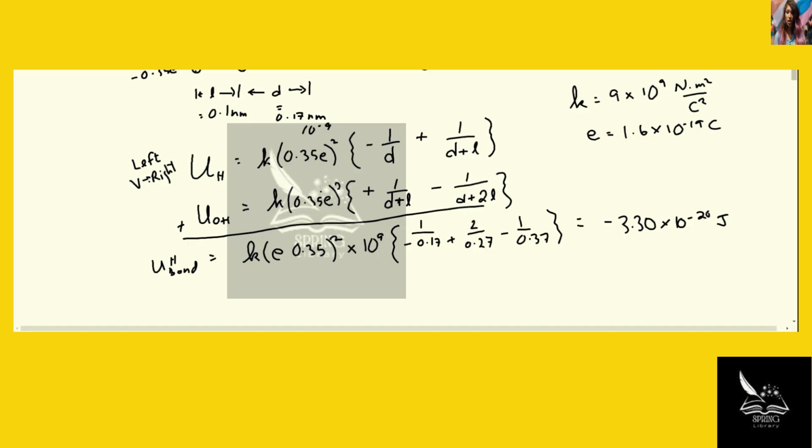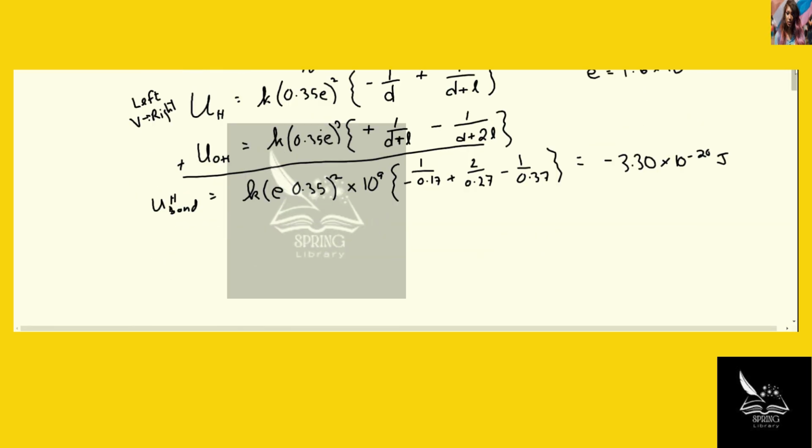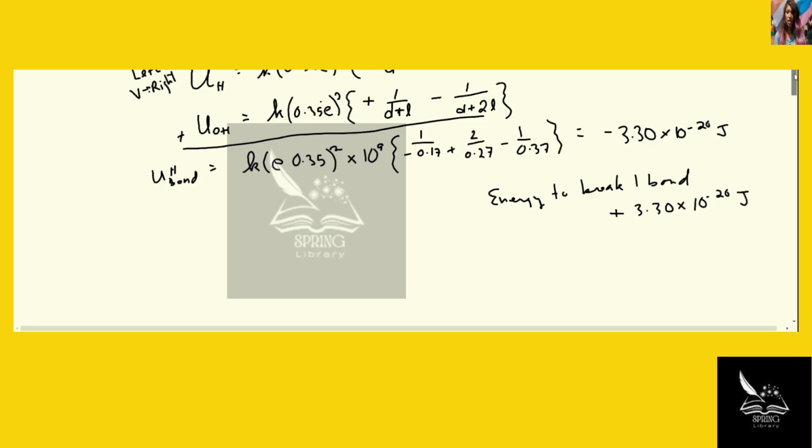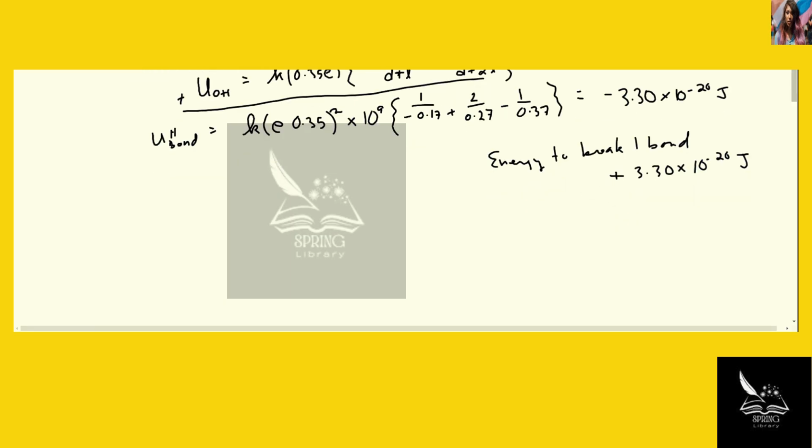So what we would like to do is think through how much energy you have to add to break one bond, which is, of course, positive 3.30 times 10 to the minus 20 joules, the negative sign indicating that there is a bonding going on.